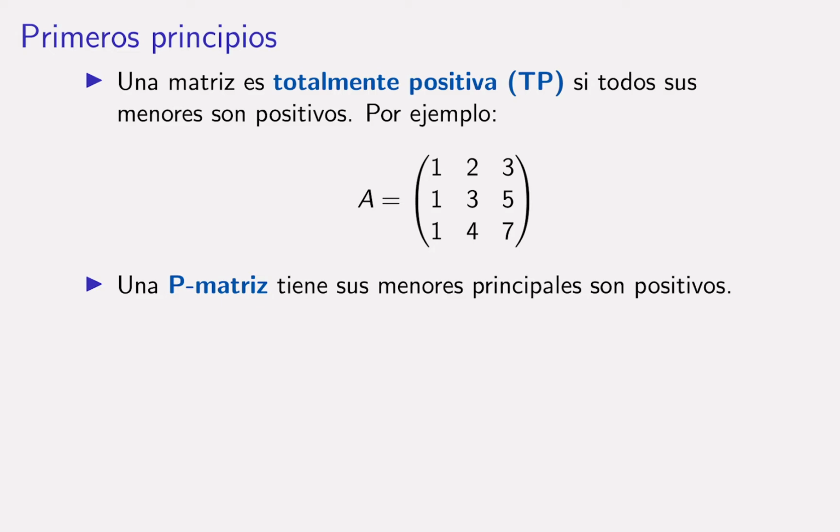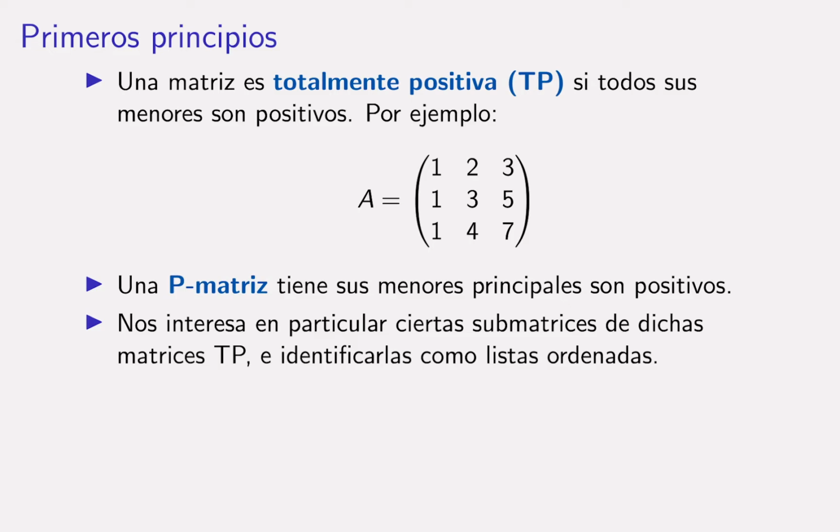Then this minor positive, this minor positive, and the 1, 3, 1, 7 minor also have a positive determinant, and then the whole matrix needs to have a positive determinant. So if it's TP, it's a P matrix, but a P matrix doesn't imply a totally positive matrix.